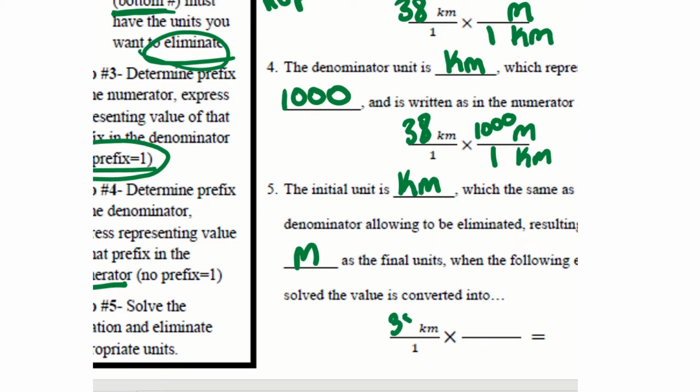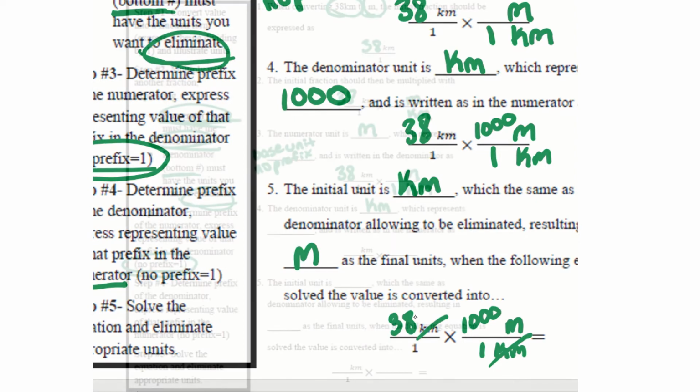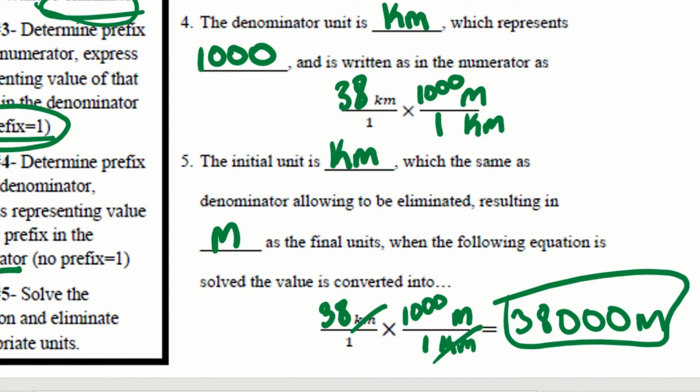So we have 38 kilometers over 1. We know it's 1,000 meters over 1 kilometer. And as we said, the kilometers can be crossed out. So in reality, all we're doing is multiplying 38 times 1,000, 38,000 meters.